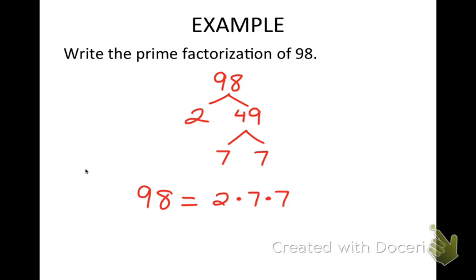How else could I write that so I could write less? 2 times 7 squared. Good. 2 times 7 squared would be the prime factorization of 98. So if you're taking prime factorization, you're going to do your factor trees and take it all the way down to prime numbers. So everybody got that?